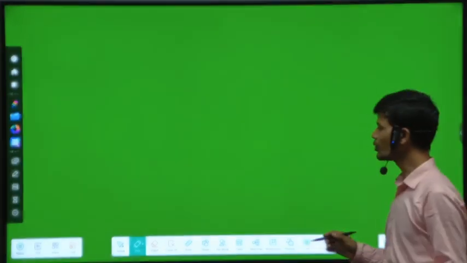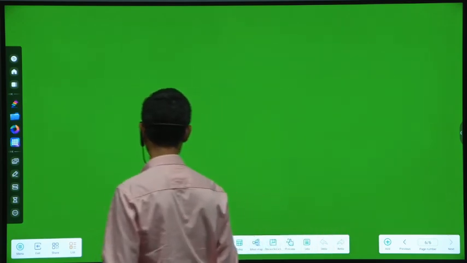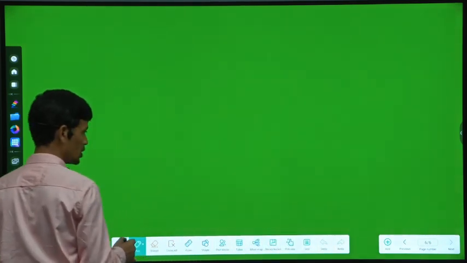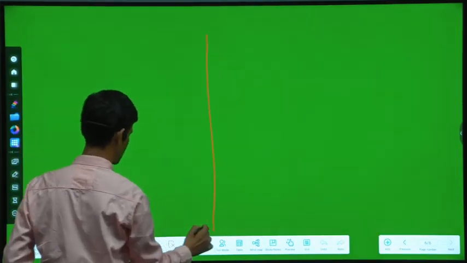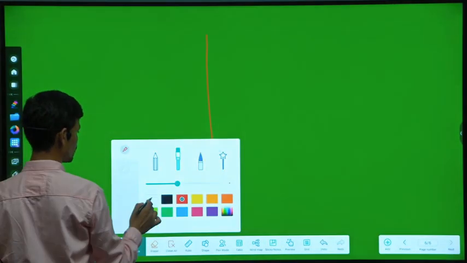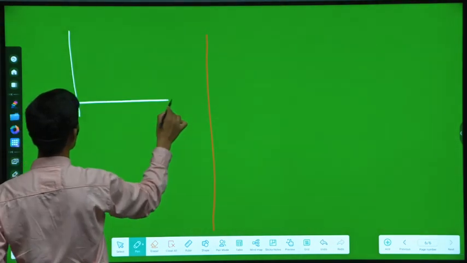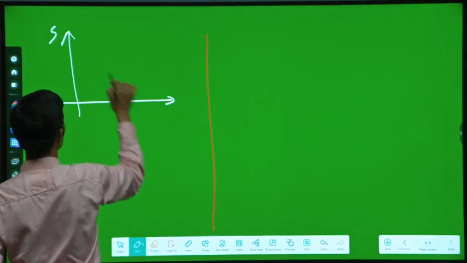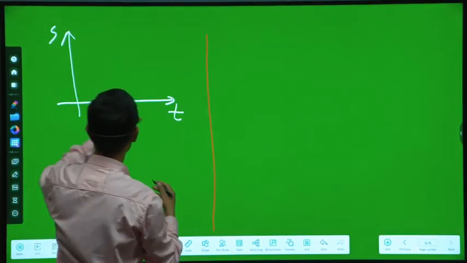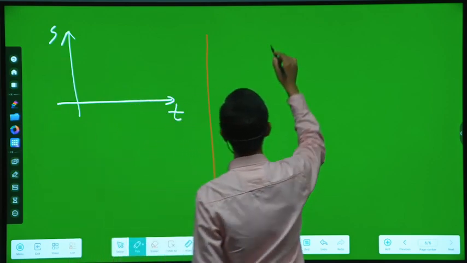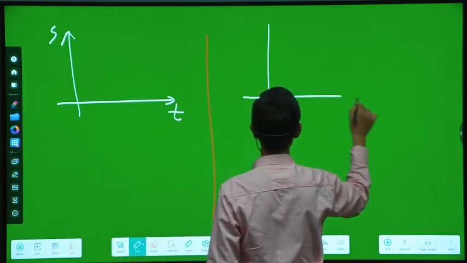What are we going to find from these graphs? Of course, if there is an ST graph, then at a particular time interval we can find distance or displacement.